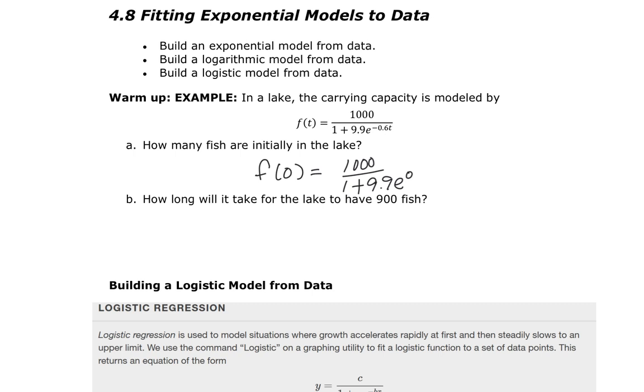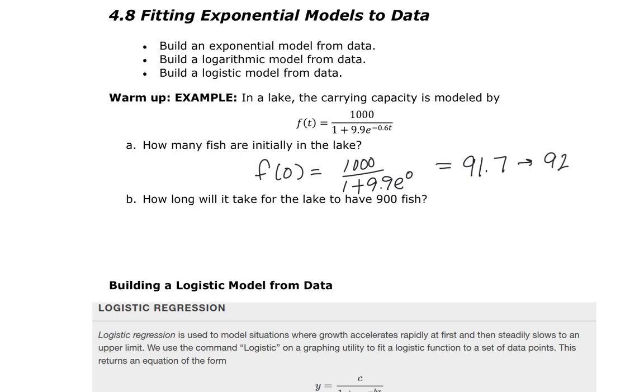We happen to know that e to the 0 is 1. So what I really need to do is take 1000 and divide by 1 plus 9.9, so 10.9. And I end up with 91.7 and some change. We're going to round up because it's live things, so we're going to assume that we started out with 92 fish.